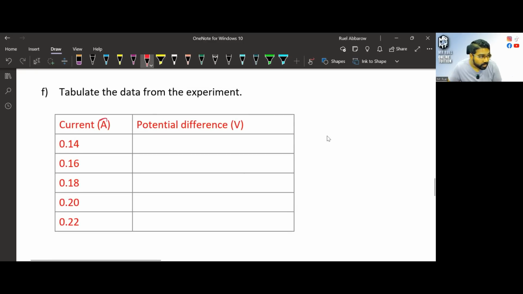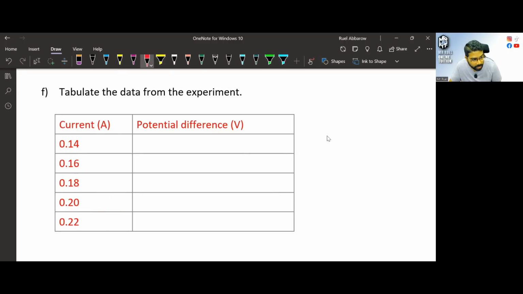So ampere, volts here in the header. Please do not write it here. No, wrong. Your reading must be consistent. 0.14, 0.16, 0.18, 0.20. Can you see 0.20, not 0.2? Your number of decimal places must be consistent all throughout.